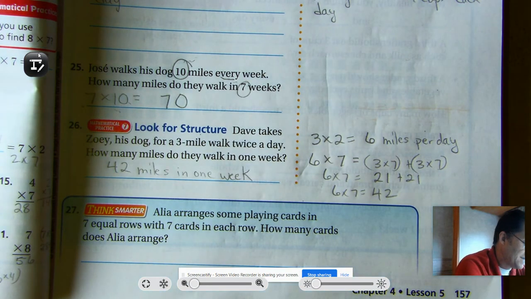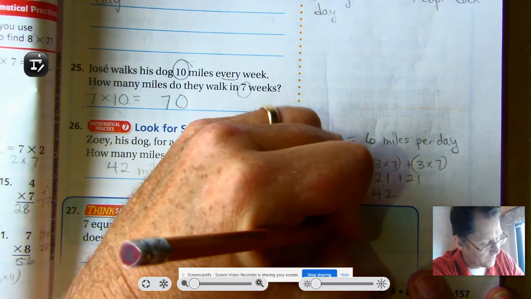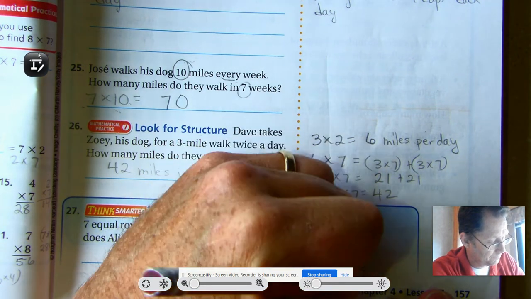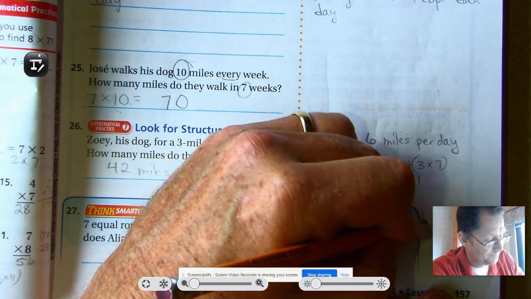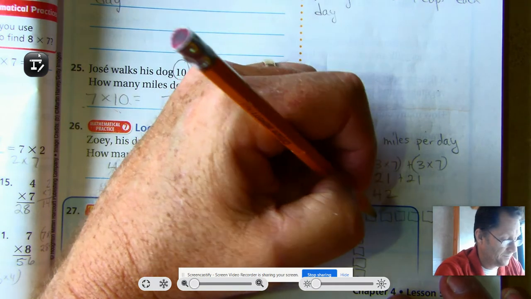Aaliyah arranges some playing cards in 7 equal rows with 7 cards in each row. How many cards does Aaliyah arrange? So we can draw an array for this one. So draw in 7 rows of 7. This is not the only way to solve it. You could choose one of the other methods.